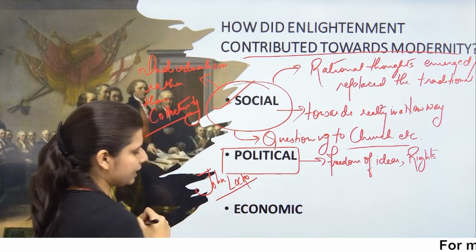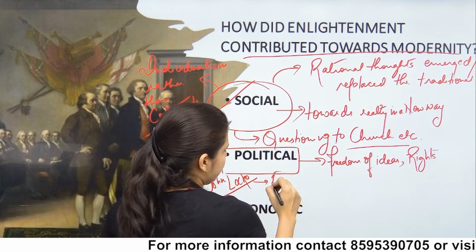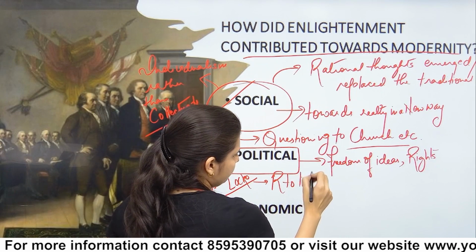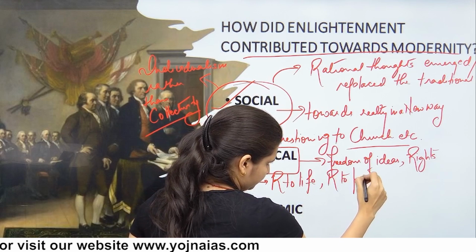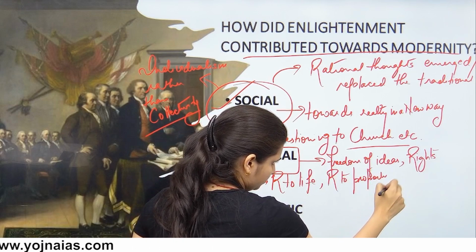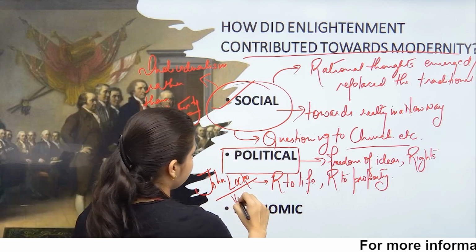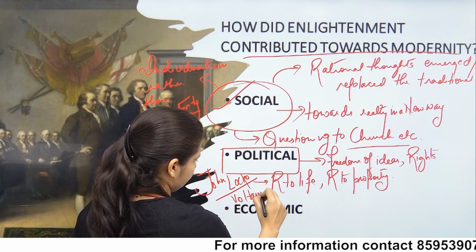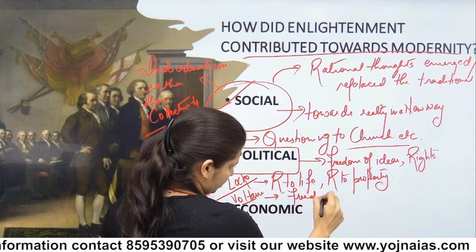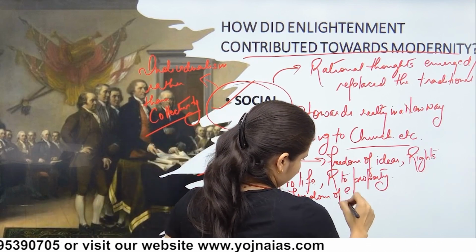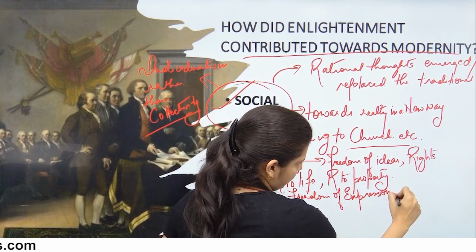One such thinker was John Locke, who gave the idea of right to life and right to property. Apart from that, Voltaire talked about freedom of expression and religious toleration.